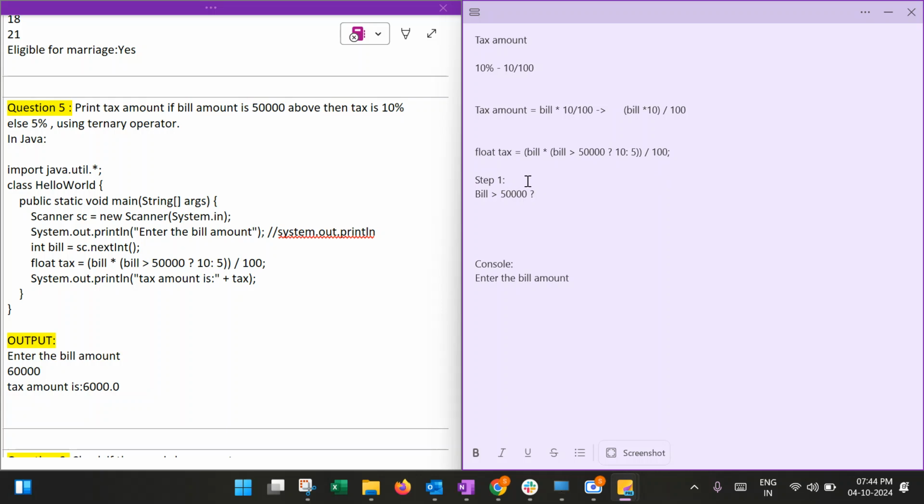You need not write greater than or equal to, because it says if bill is above 50,000, so you need not put equal. You just put greater than. If bill is greater than 50,000, then it will take 10, otherwise it will take 5. So this will happen.